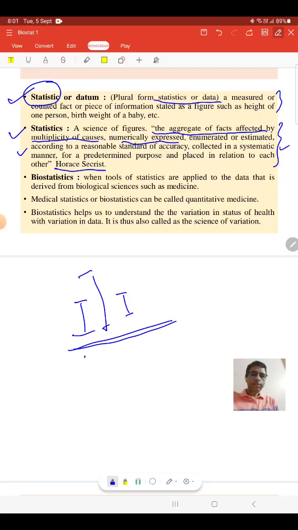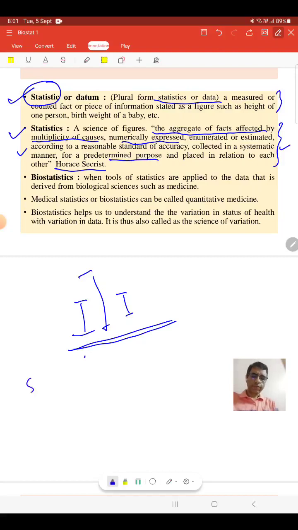Collected in a systematic manner. So there will be some process which will be followed. We shall come into this while collecting the data. Various processes are followed, like for a specific study, when data is collected, specific definitions are followed, and specific methods such as standard sampling methods are followed for collecting the data for a predetermined purpose. So when we collect data, there is definitely a purpose.